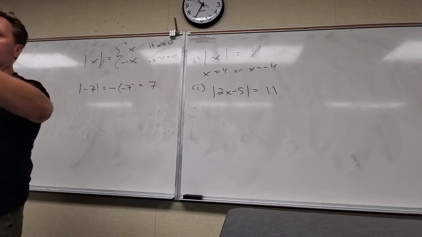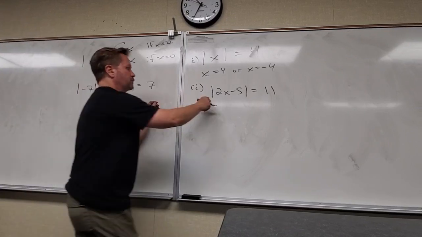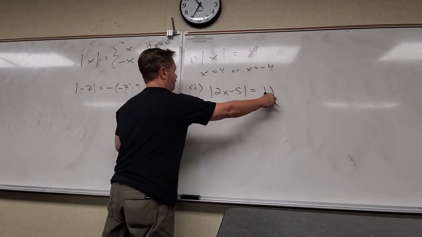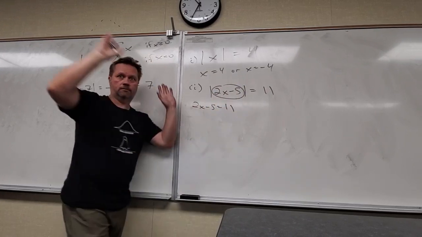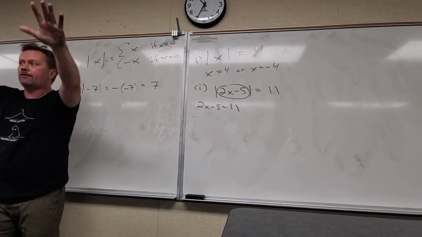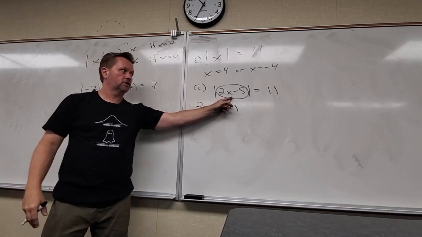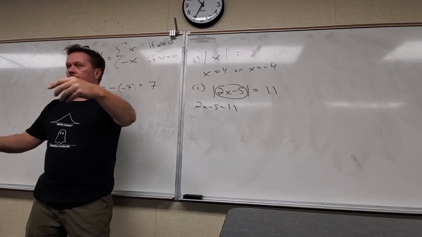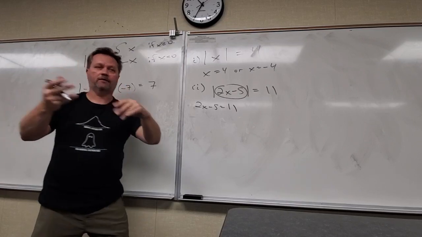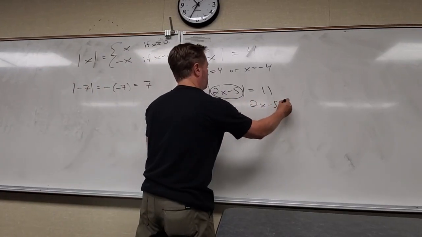So it is a number. The absolute value of what is 11? Either this could be 11, correct? If 2x minus 5 was 11, wouldn't the absolute value of 2x minus 5 be 11? Yeah. What else could 2x minus 5 be? What else do you take the absolute value of to get 11? So the thing inside could be negative 11.